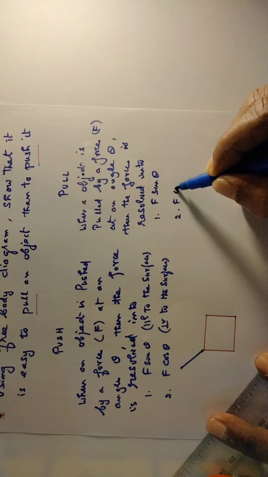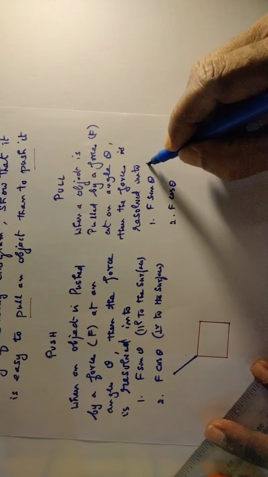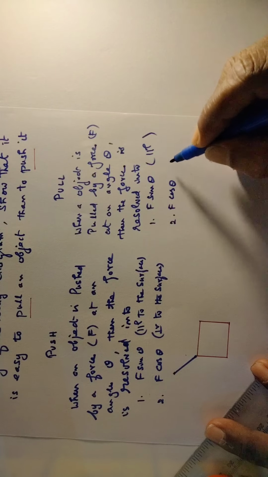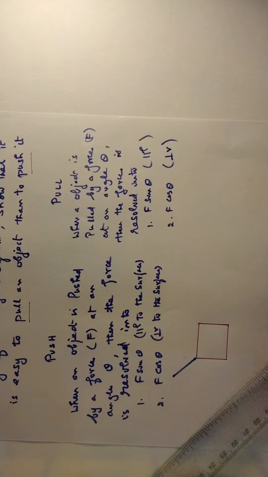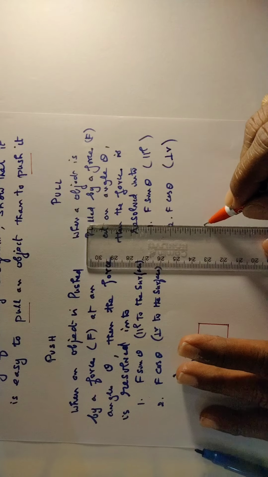Number 2, F cos theta. Here it is parallel to the surface, here it is perpendicular to the surface. Again I will draw the diagram for this. Wait.